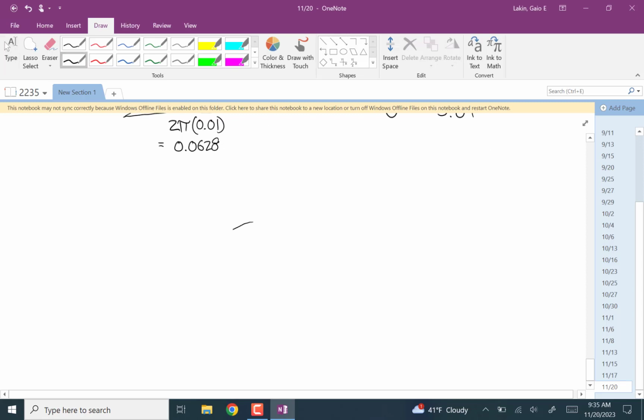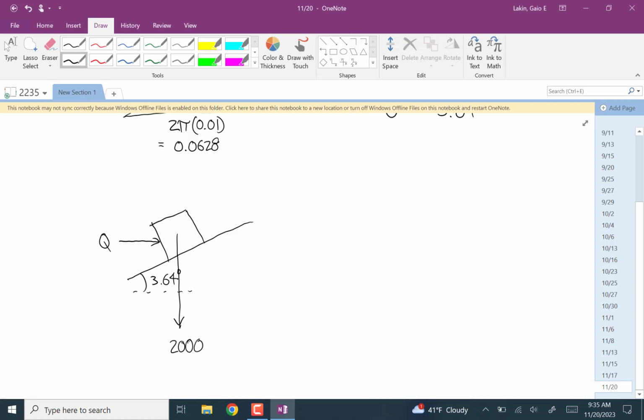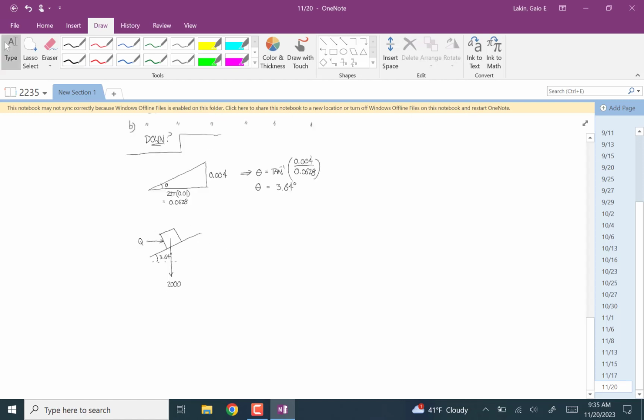And now we can think about this calculation. We have an angle of 3.64 degrees. And our block has a weight of 2,000 newtons. We're applying a horizontal force of Q. I'll relate that to M, to the couple, after we figure out this Q. There's a normal force.